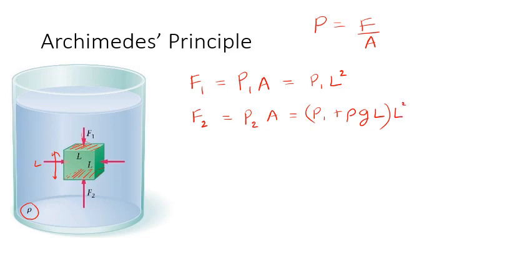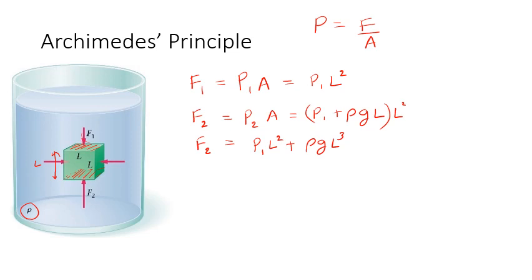You can simplify this expression and rewrite it as P1 L squared plus rho G L cubed. So this is the F2 force.